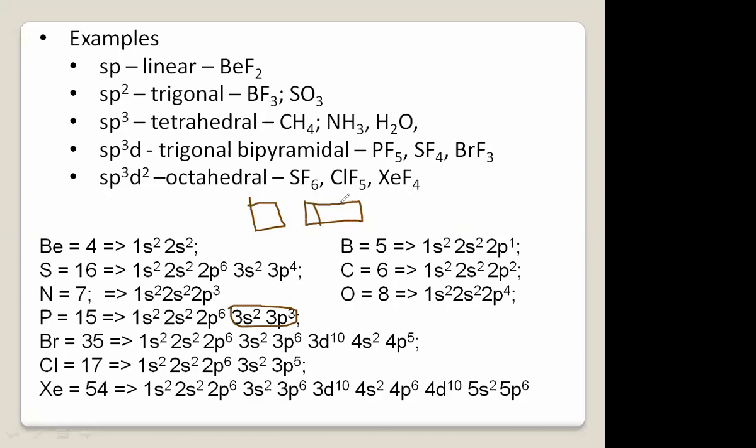subshells, 1, 2, 3. Then you have a d orbital that is close to that. Sorry, please, let me clean that.